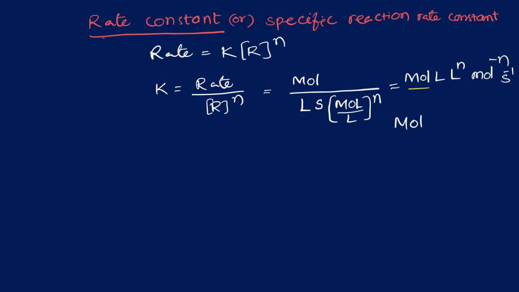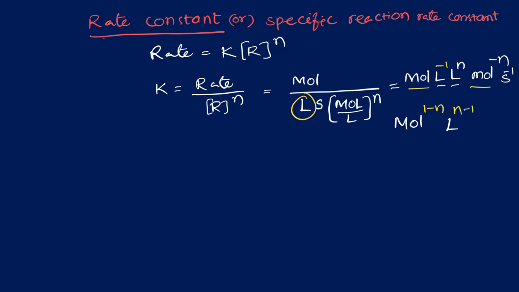Now I am taking mole and mole. Base is the same, so powers will be added, therefore 1 minus n. Next one, liter. One mistake I did: this one is represented as liter inverse. So the power will be added, meaning n minus 1.